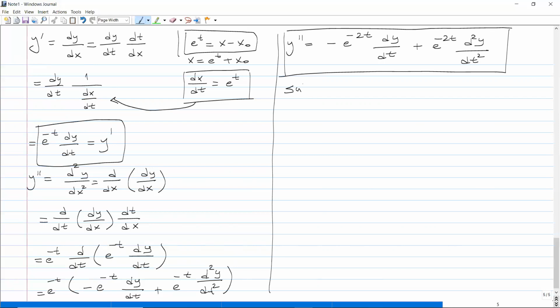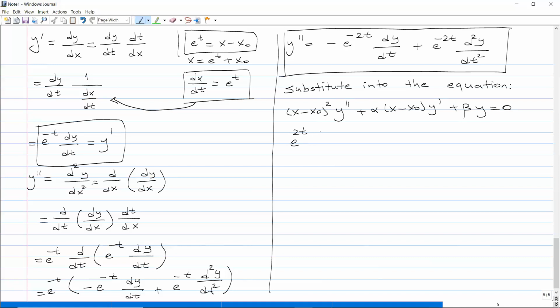Now substitute into the equation. Now, what is the equation? X minus x0 squared y double prime plus alpha x minus x0 y prime plus beta y equal to 0. Now, remember, x minus x0 is e to the t, so x minus x0 squared is e to the 2t.